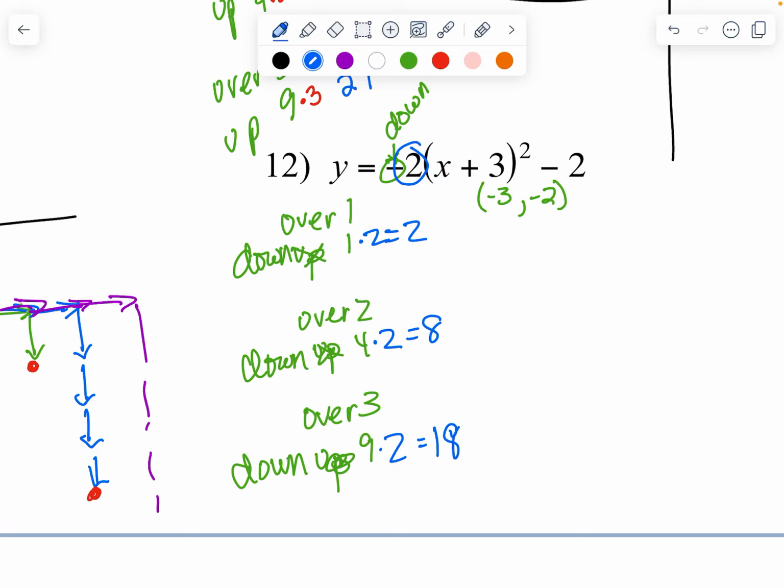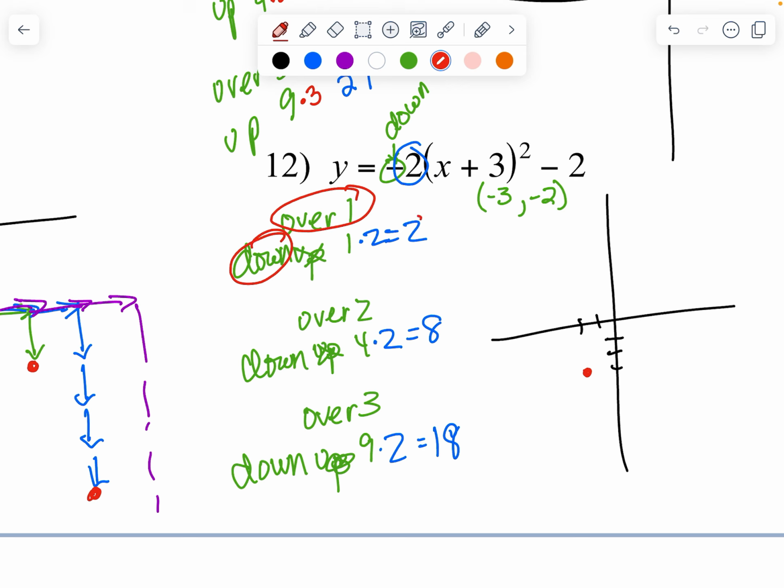So, what would that look like? So, negative 2, negative 3. Put our vertex down. And then over 1, down 2.